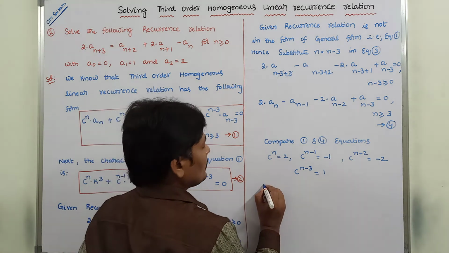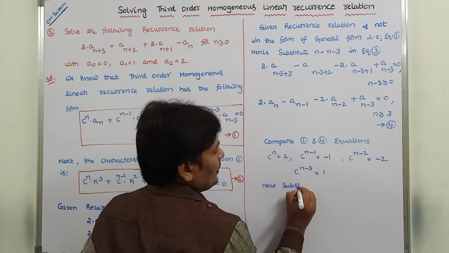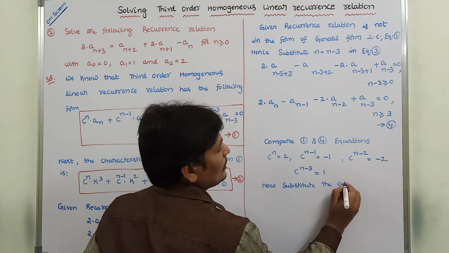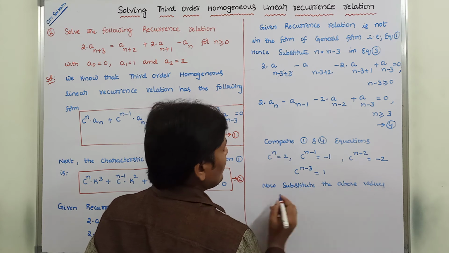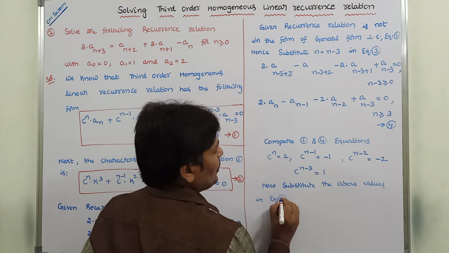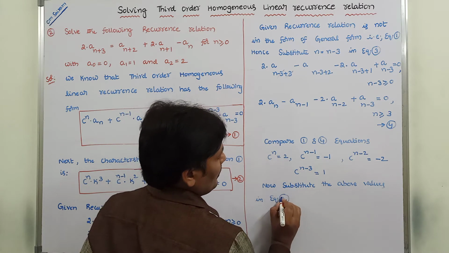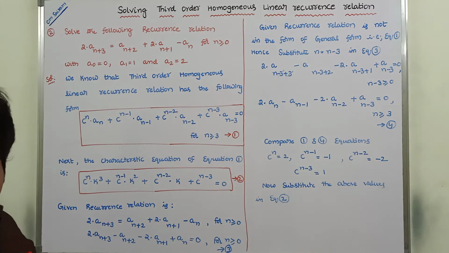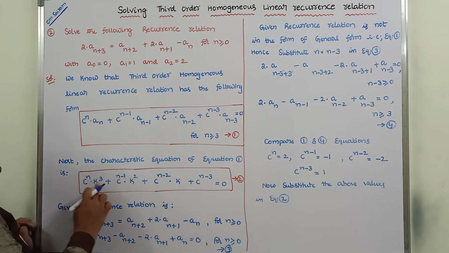So now substitute the above values in equation 2. So after substituting the values in equation 2, so first c power n value is how much?